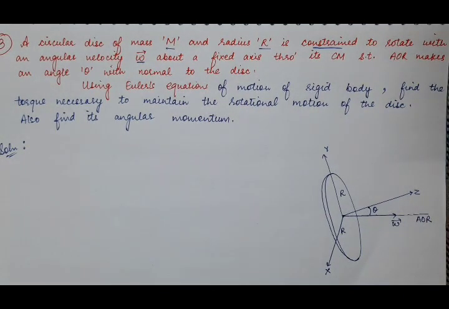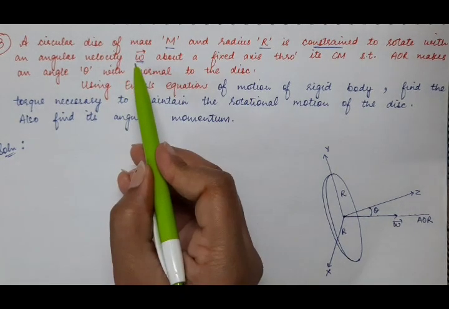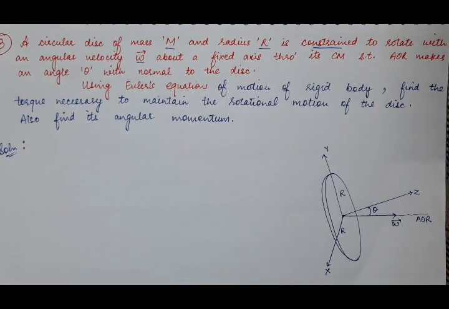The axis about which this circular disc rotates with angular velocity omega vector passes through its center of mass, and the center of mass of the circular disc lies at its center.